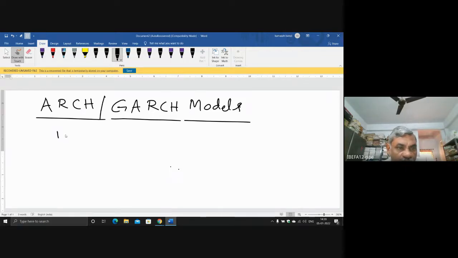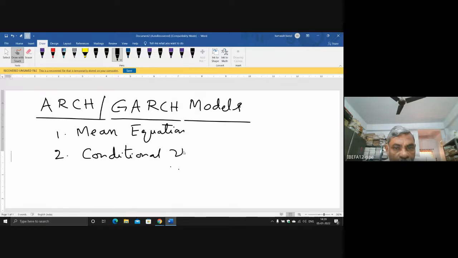The first equation is the mean equation. And the second equation is the conditional variance equation.